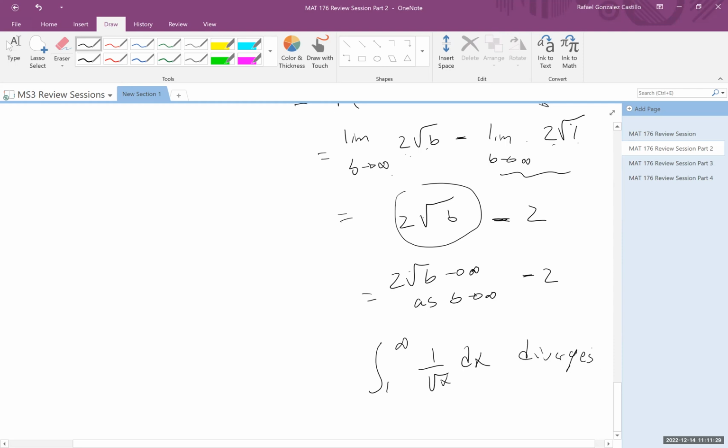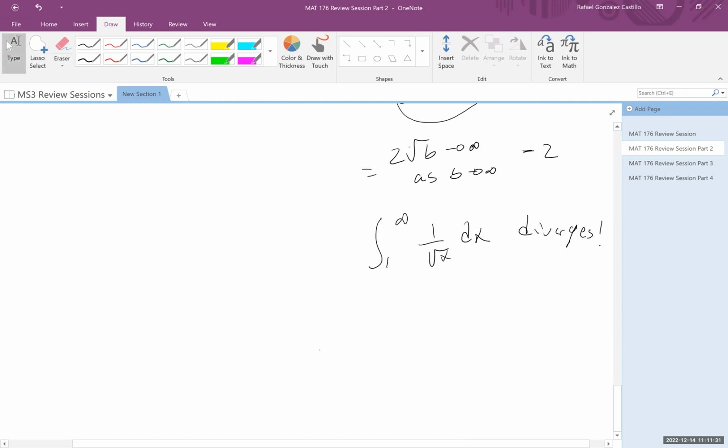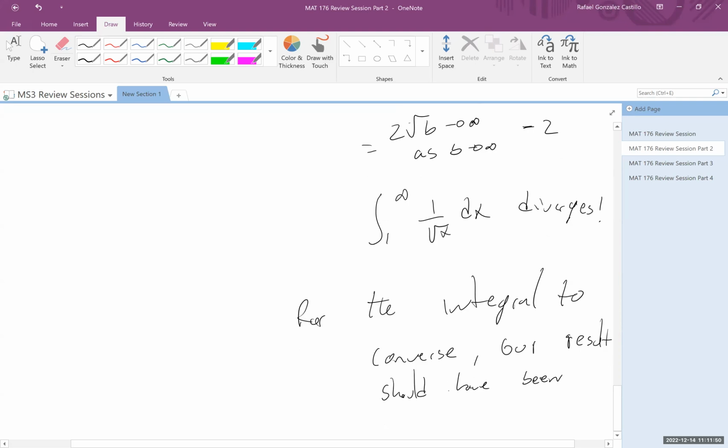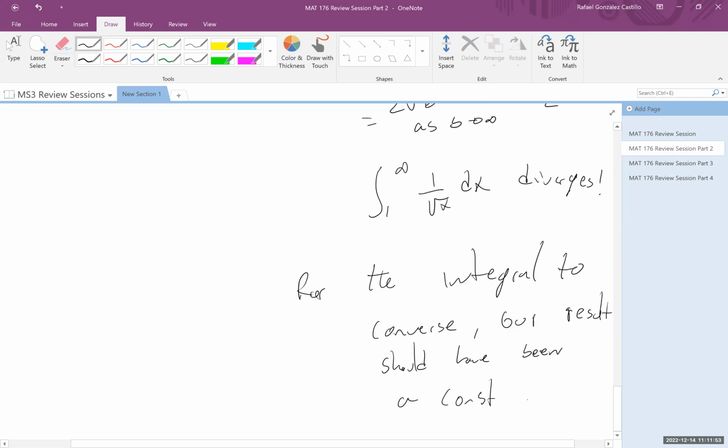This diverges. For the integral to converge, our result should have been a constant. But instead we got infinity. So we know that this improper integral diverges.